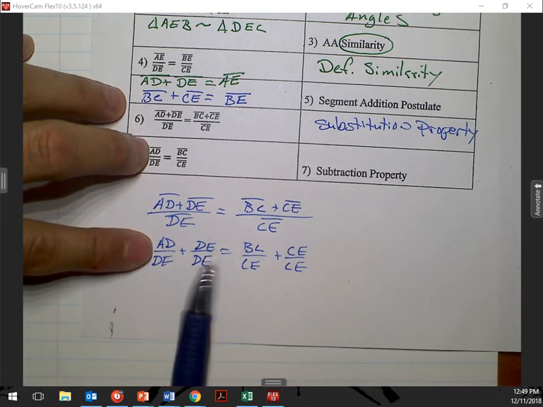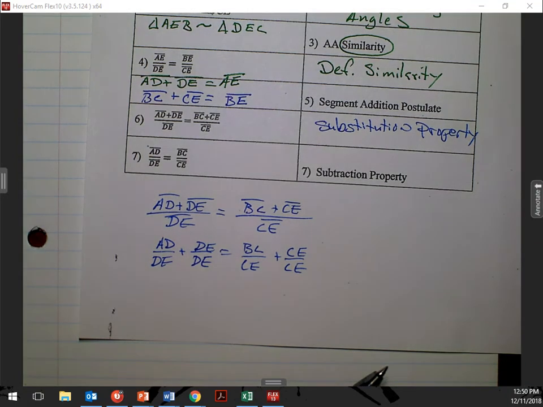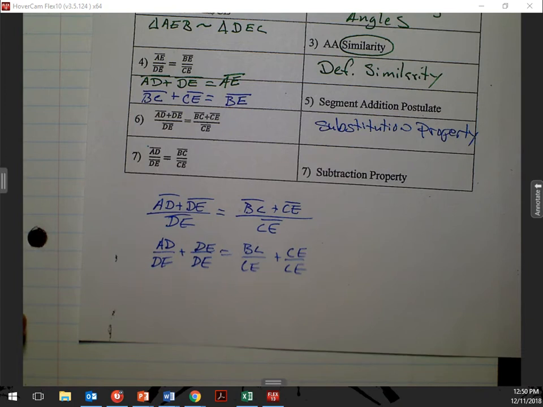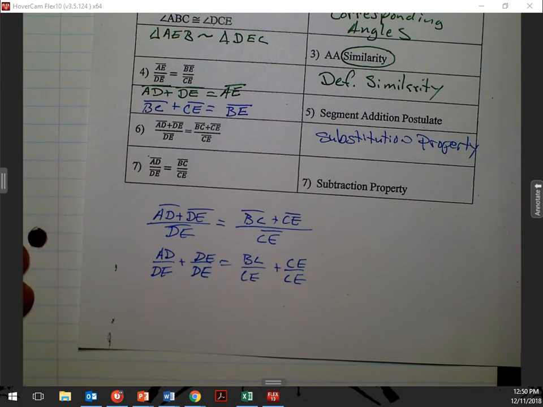Now, serious question. What is 5 divided by 5? 1. What is X divided by X? 1. Because X is any variable, whatever the variable is, divided by the same thing, it's going to give you 1. 200 divided by 200 is 1. DE divided by DE is 1.